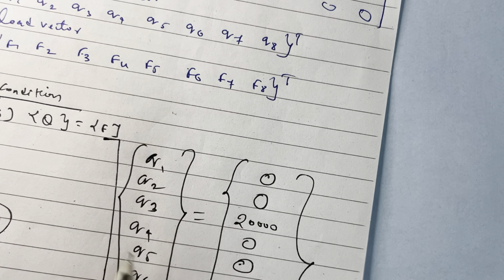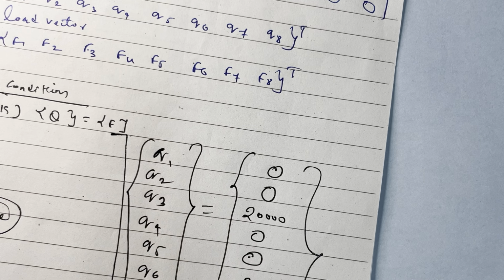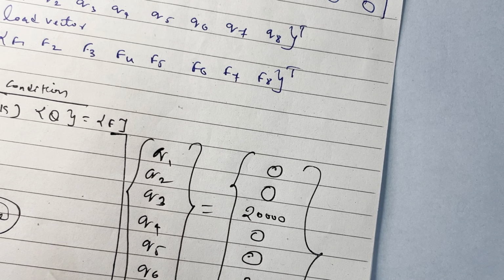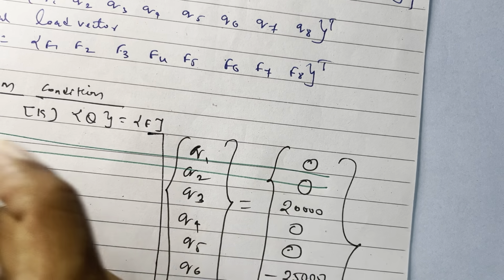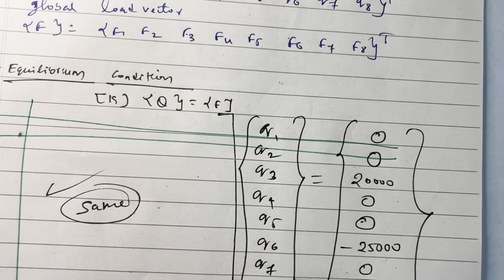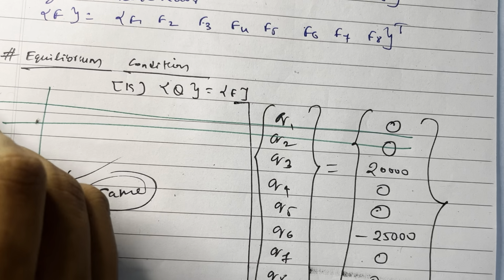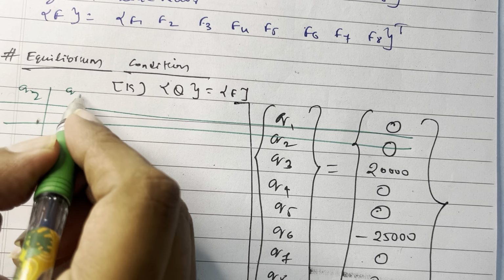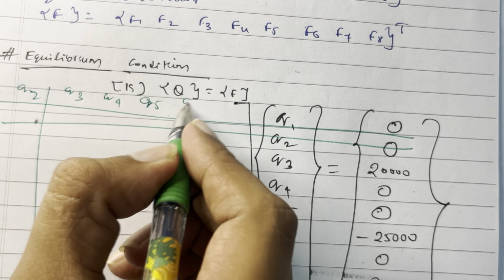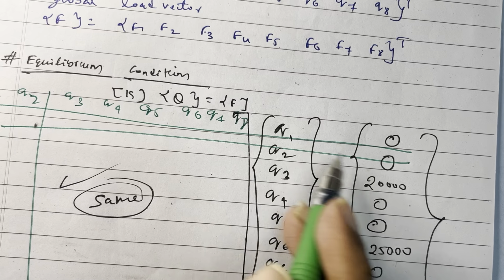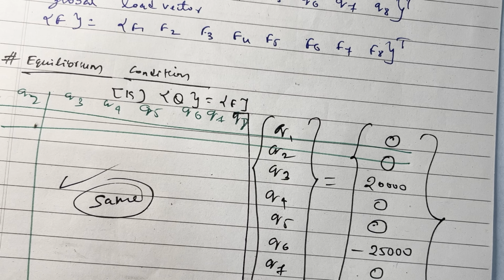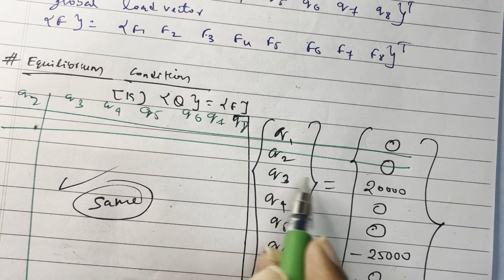Here, as we discussed, we are doing it with the elimination method. Here q1, q2 are 0, so I will eliminate the first two rows and first two columns. I will write here in short q1, q2, q3, q4, q5, q6, q7, q8. We need to calculate q3, so I want this q3.